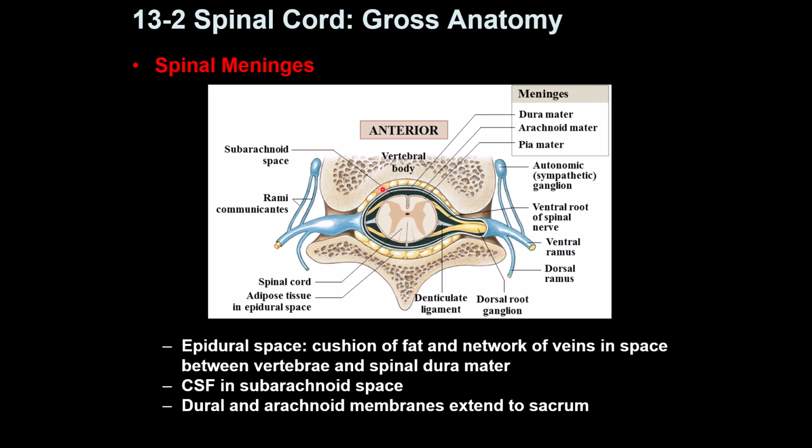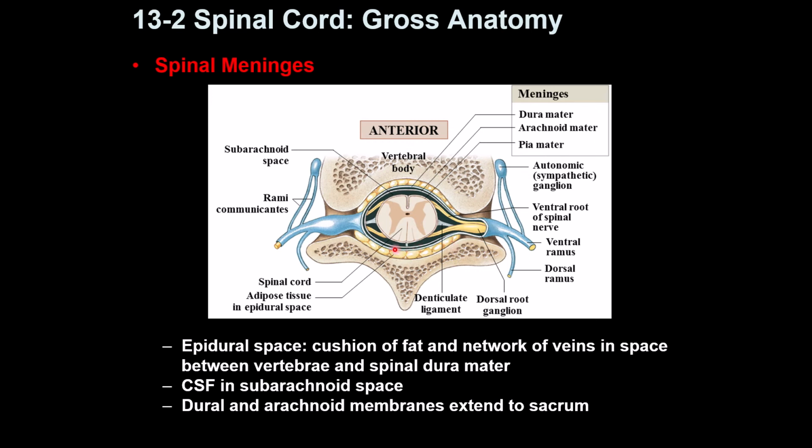And there is another one that is more superficial to the dura mater, and that is the epidural space. So the content of the epidural space is usually blood vessels and fat.